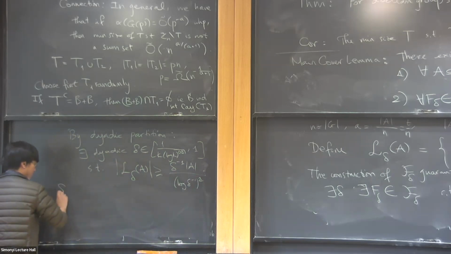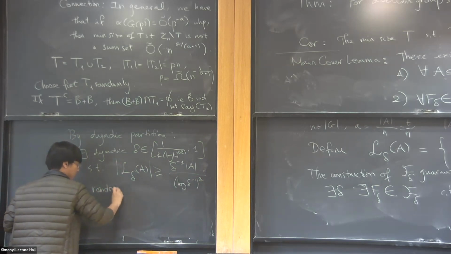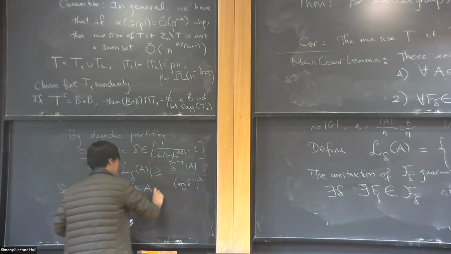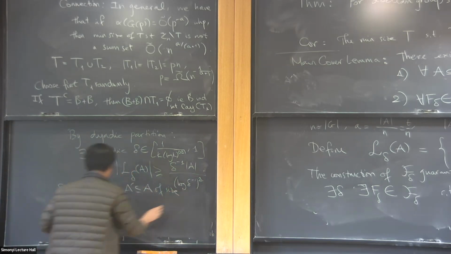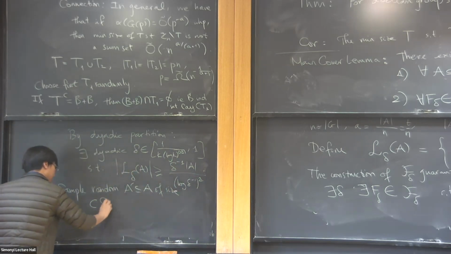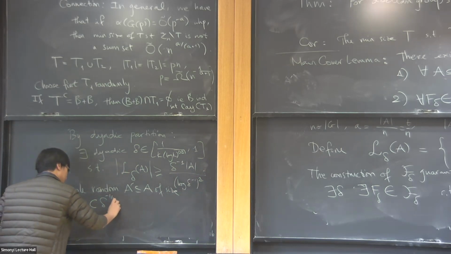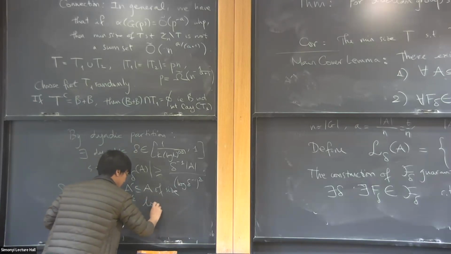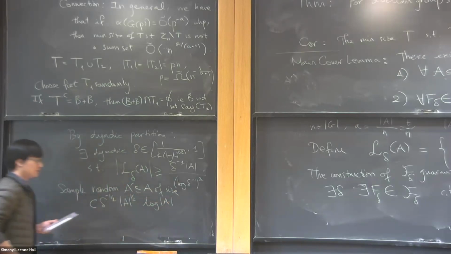So now we can sample a random A prime in A that is of size exactly about delta to the minus 1/2 times the size of A to the 1/2. And here, let me use an additional log factor.